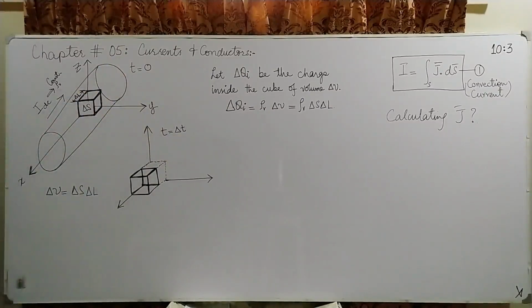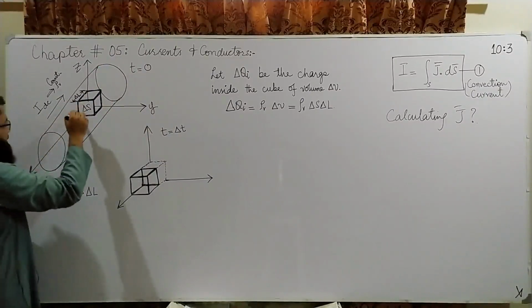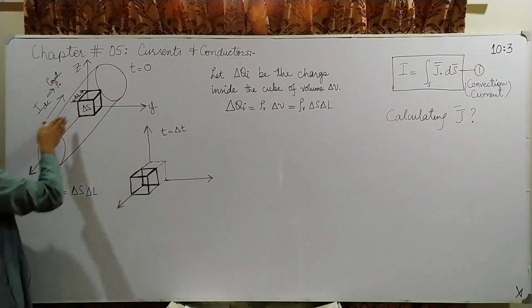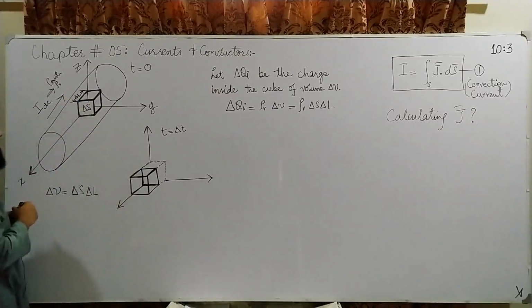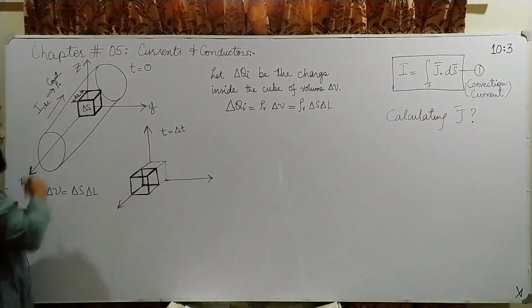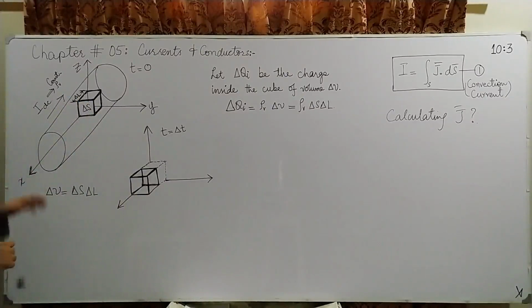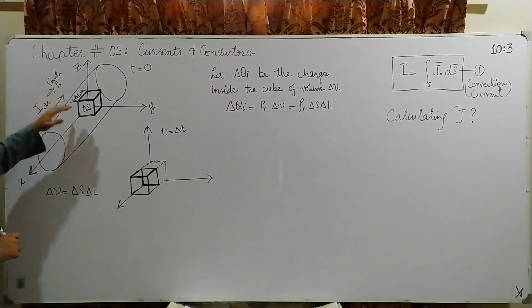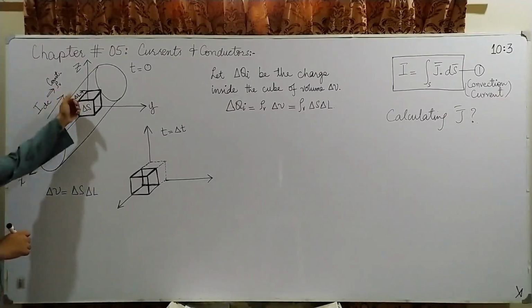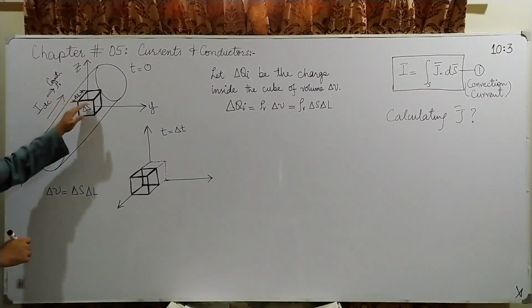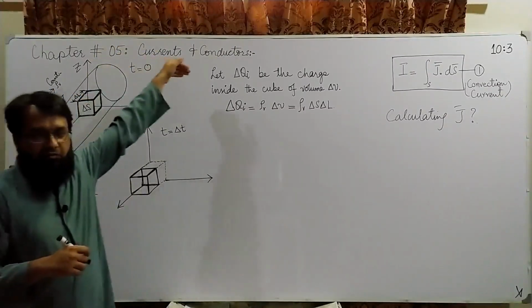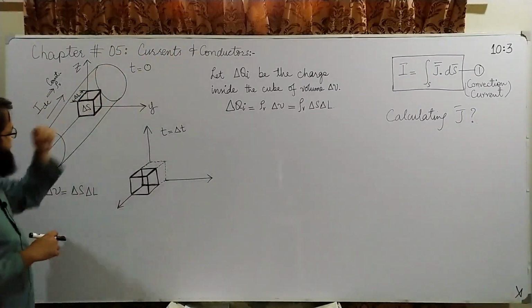If I want to figure out how much charge has crossed the front surface or the back surface, because we are considering DC current, rho v is constant. So the amount of charge which has entered through the front surface will be equal to the amount of charge which has left from the back surface.